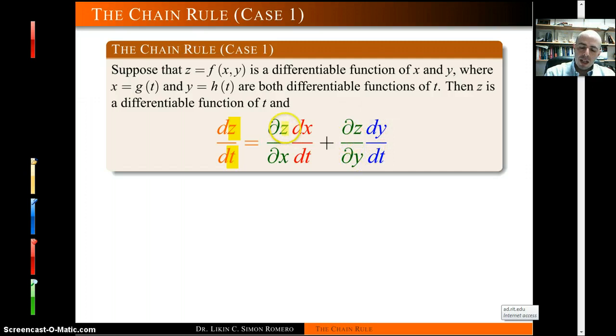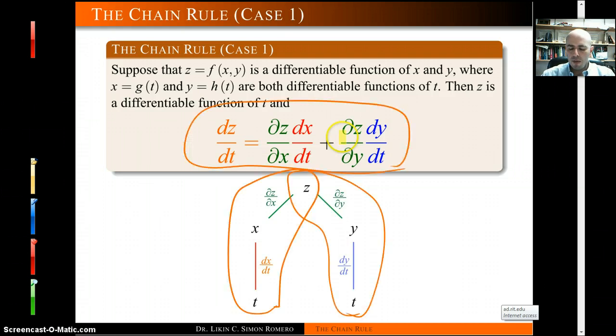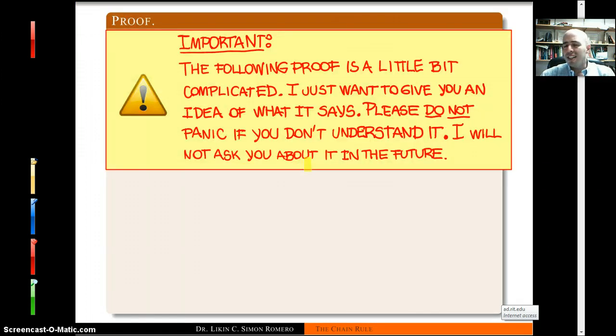In other words, how much c depends on x times how much x depends on t tells you how much c changes due to the change in x, plus how much c depends on y times how much y depends on t gives you the change due to the change in y. When you add those two changes, you obtain the total change of c with respect to t. This is the proof.